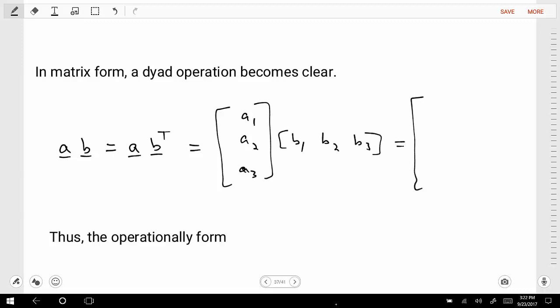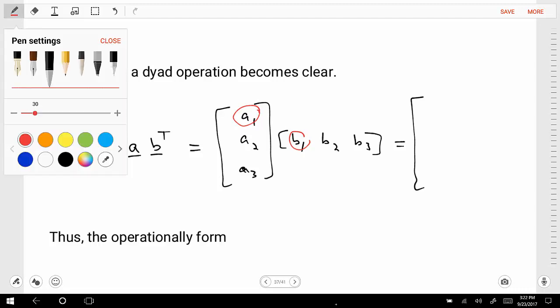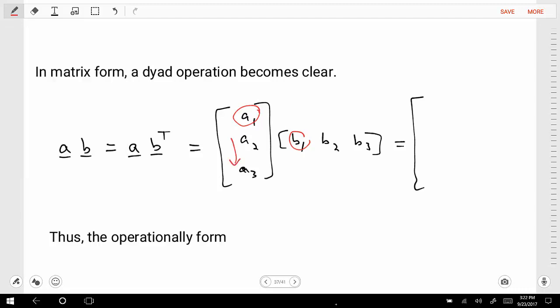From that, we can build our tensor, where we do rows and columns. The first term is row one, column one, then row one, column two is the next term, row one, column three is the third term, and then we continue to shift downwards and shift over, and we build our little matrix here.